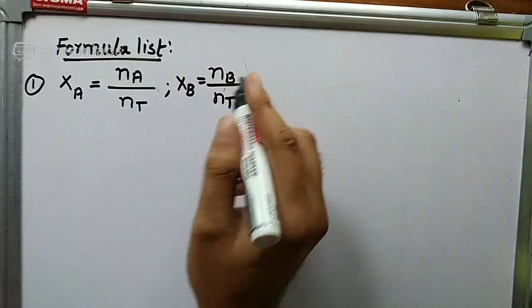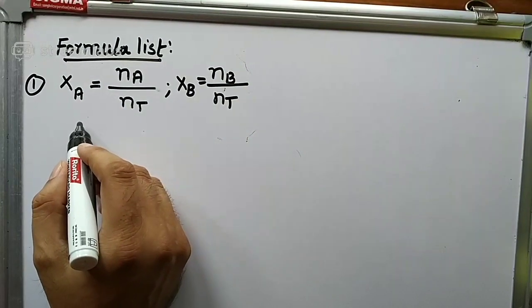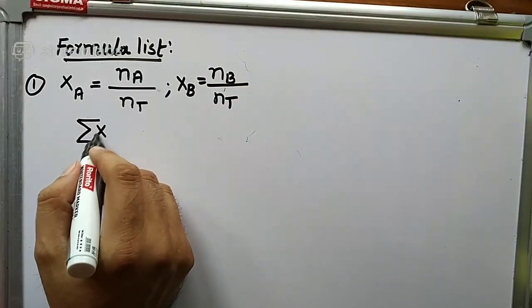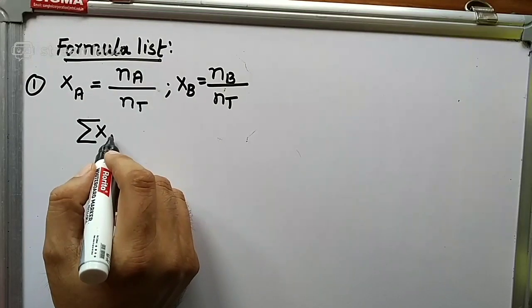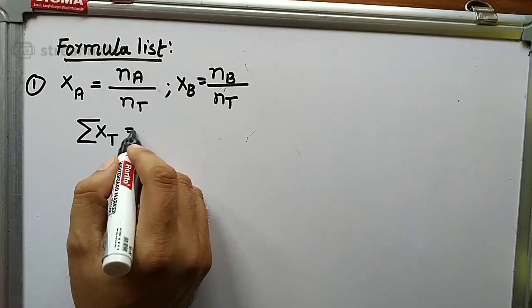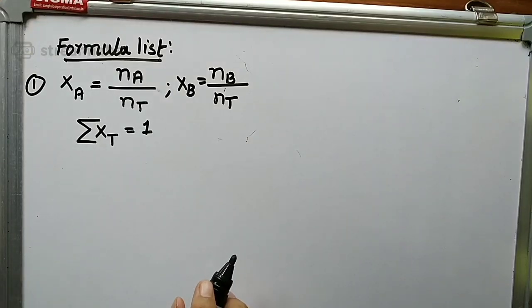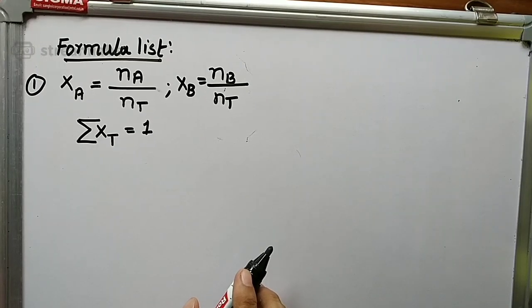And also you need to remember that the sum of mole fractions of all the components should be equal to 1. It should be equal to 1. Is it clear, students?